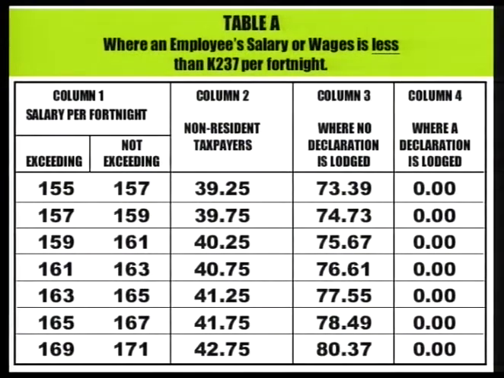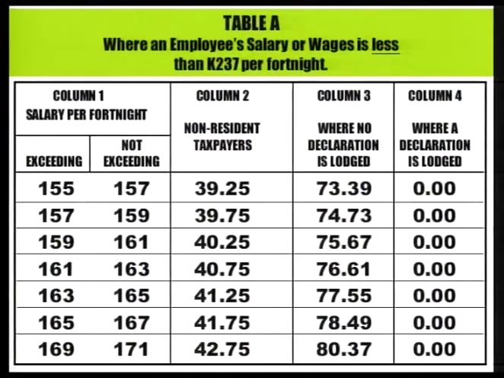Okay, you look across. If this person is a non-resident taxpayer, he is going to be charged 41 kina, 75 toya. Can you all see that? Now, if he forgets that he's working and he has not filled in a declaration form, which many times happens, he will be charged 78 kina, 49 toya as tax.